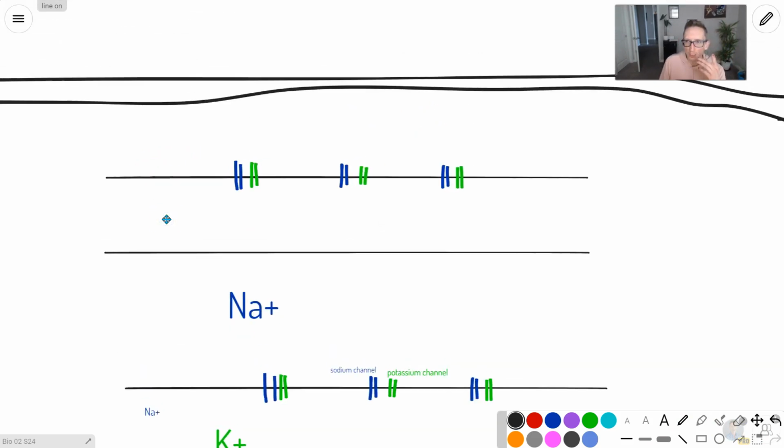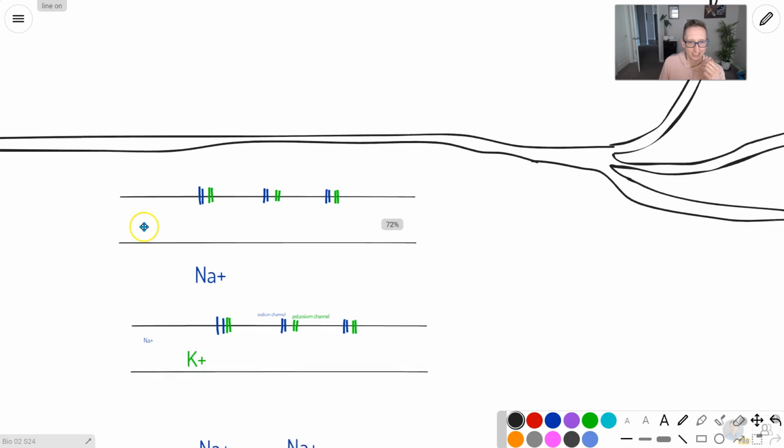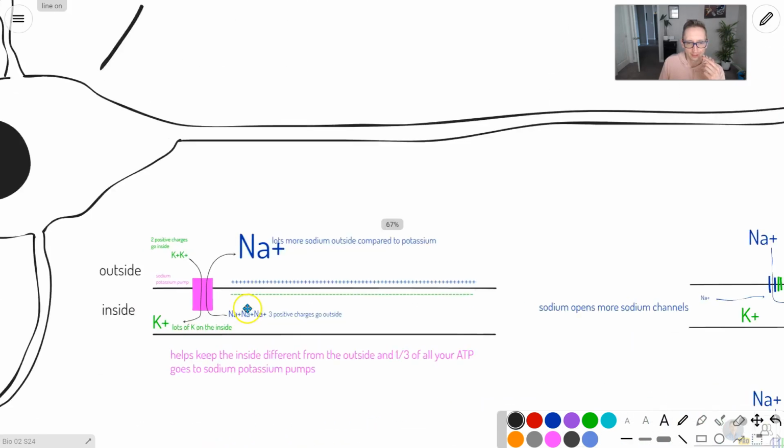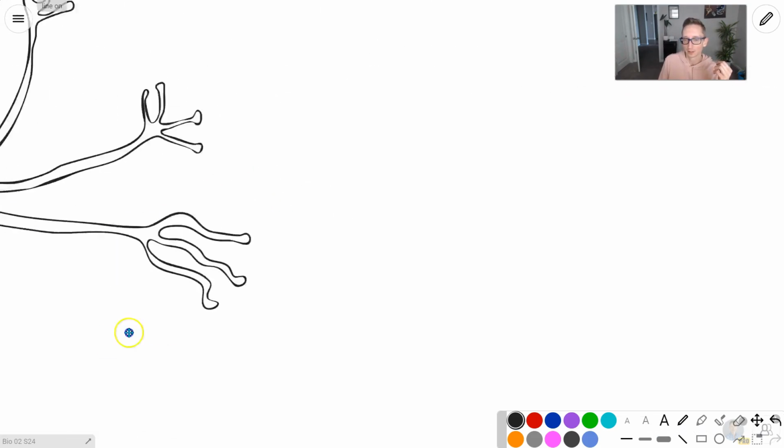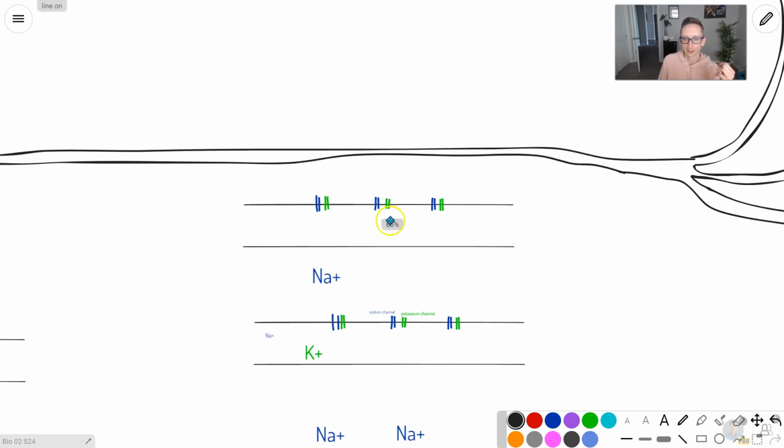Normally, what is the membrane potential on the inside of the cell? It's going to be negative, because there's less K on the inside. We're only pumping in 2 potassium compared to sodium, which we're pumping out 3. So there's more positive outside. It's positive on the outside, negative on the inside. Let's do that here.